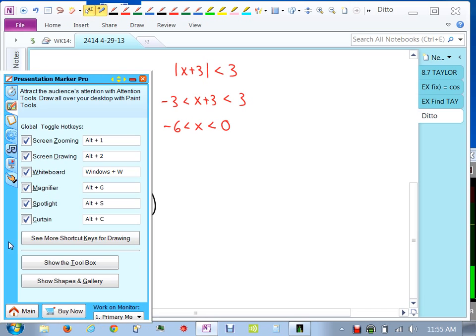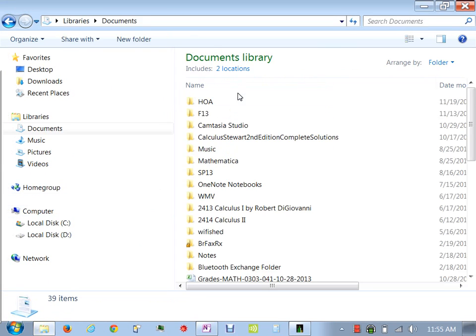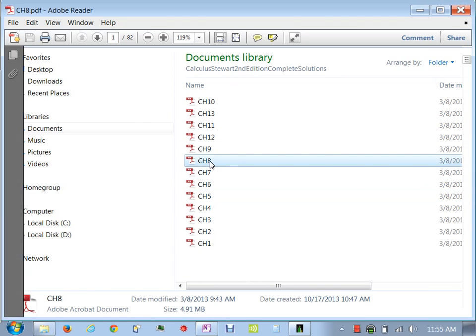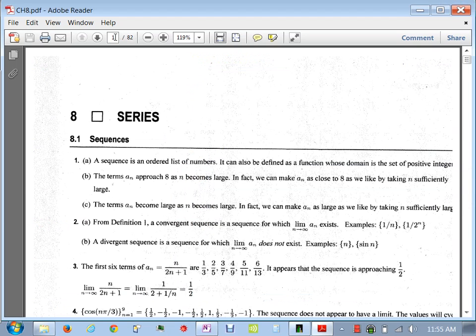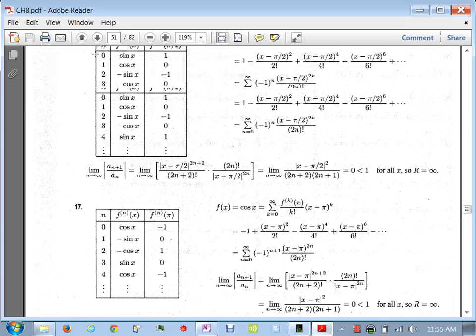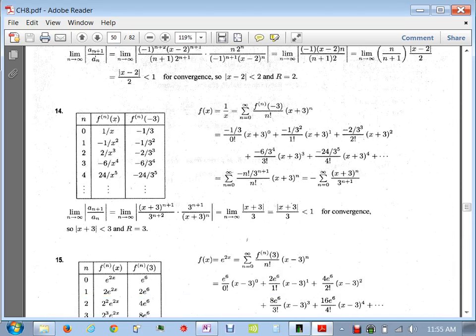Okay, let me look at something real quick. What number was that? 14? Who has my answers for this chapter, for this section? I don't think I gave anyone the answers yet, did I?